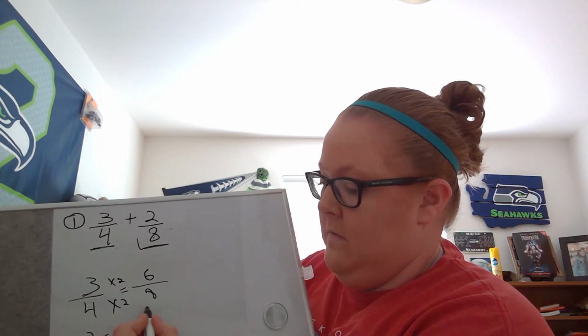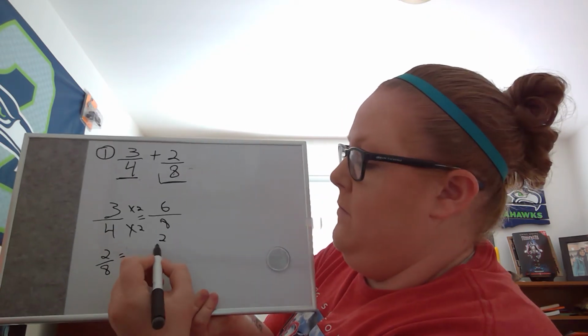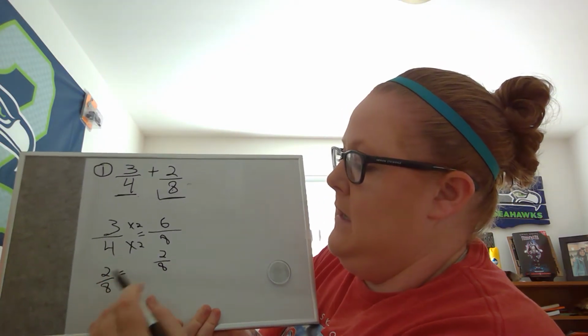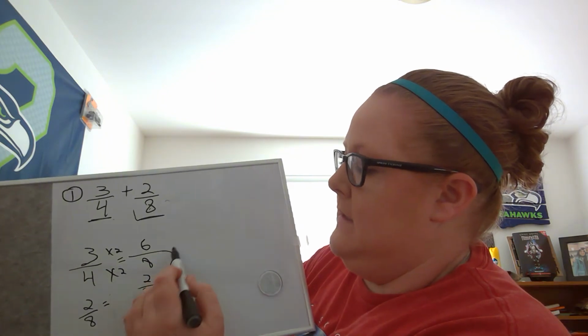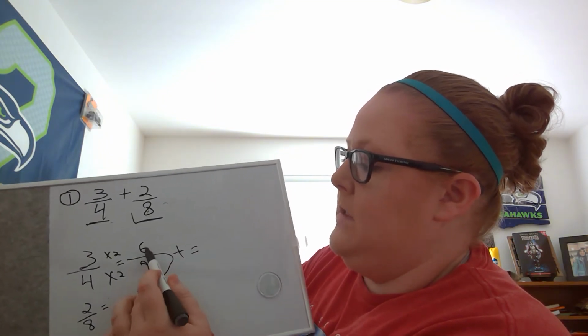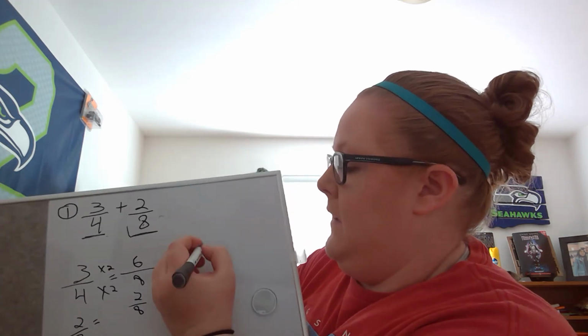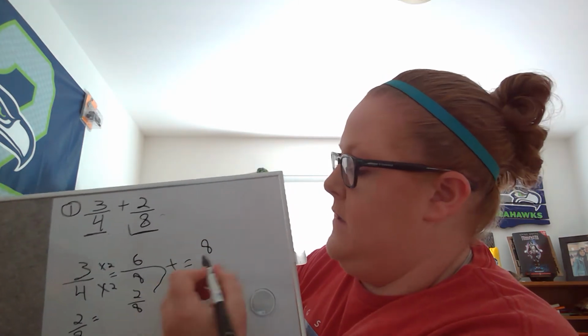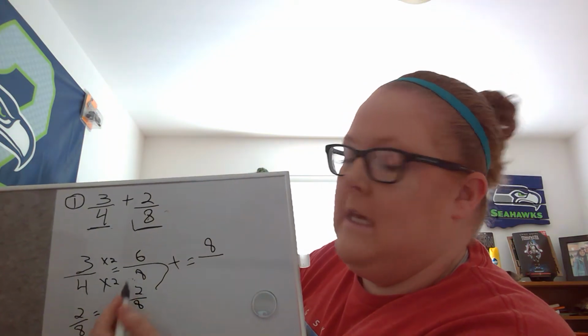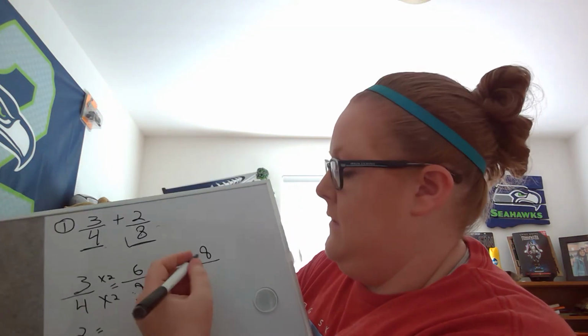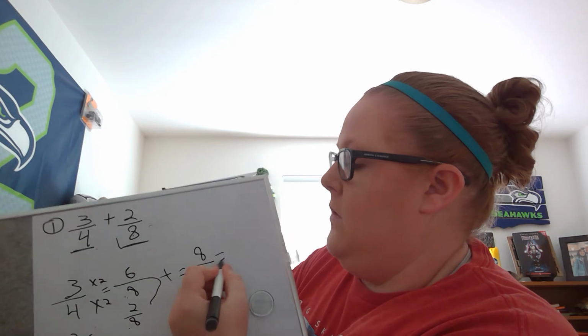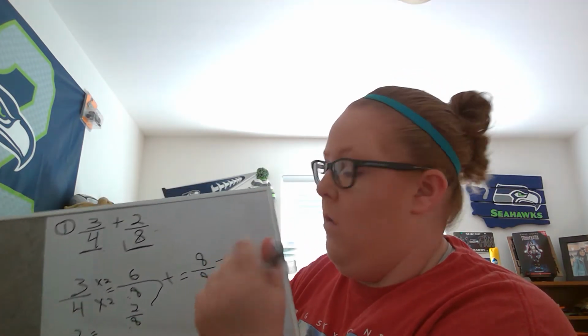I'm going to bring this over here. Hopefully everybody can see it. Now we're going to add this. What's 6 plus 2? 6, 7, 8. Very good. And then our denominator is going to stay the same, which is our 8. So 8 over 8 equals 1 whole.